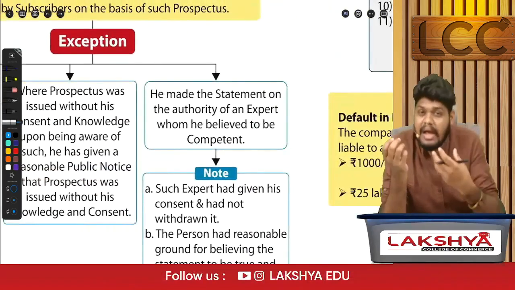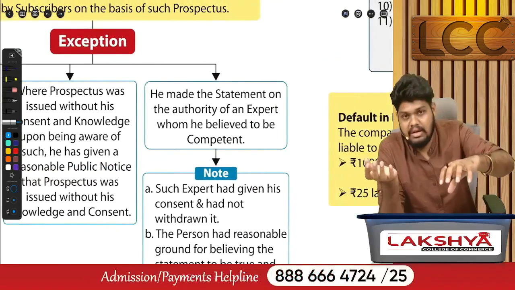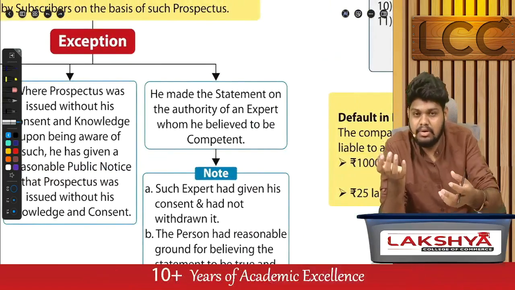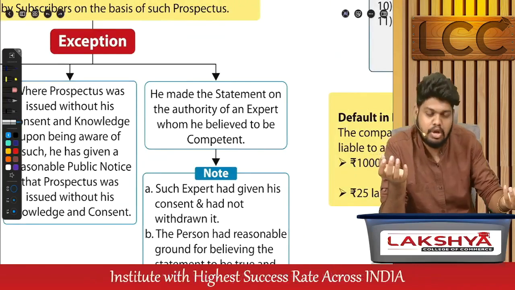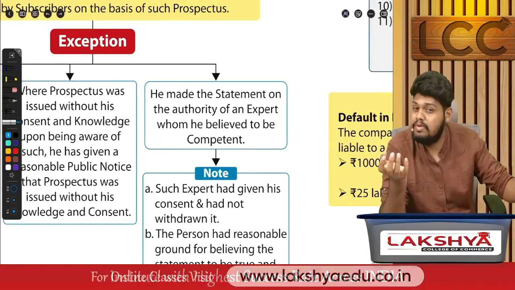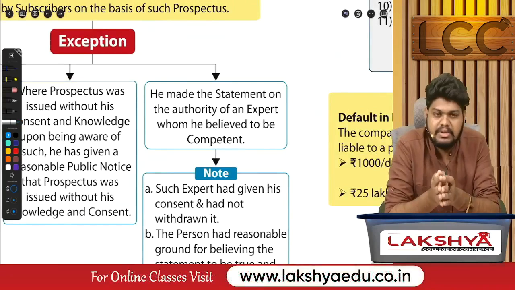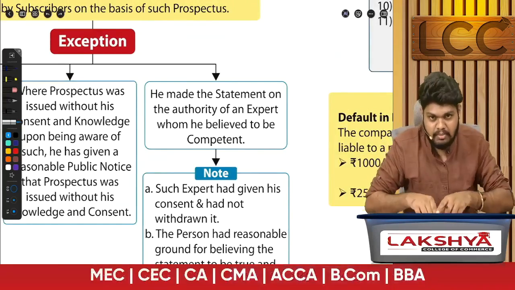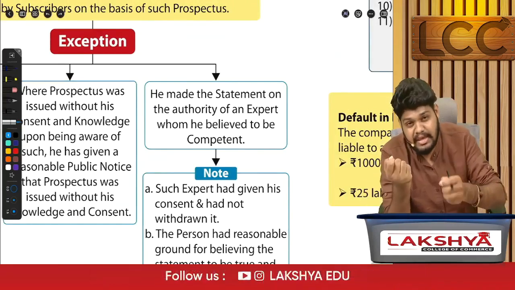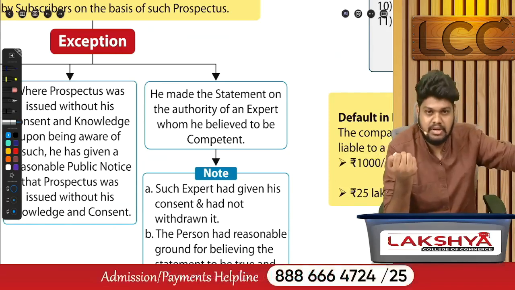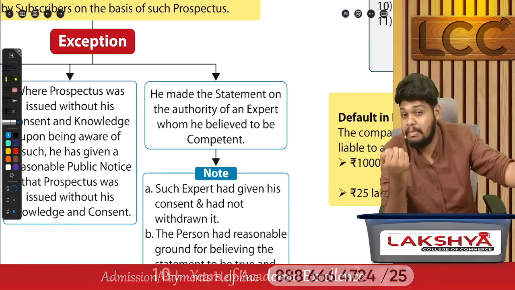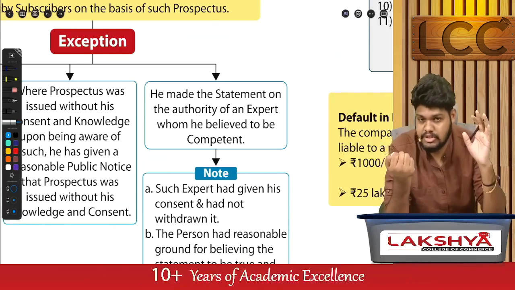Third case, where a person has given a statement relying upon a statement or document given by an expert whom we believe to be competent. That means we have prepared a document which contains information based on the information provided by an expert, and we believed that the expert was competent enough to provide the right information.